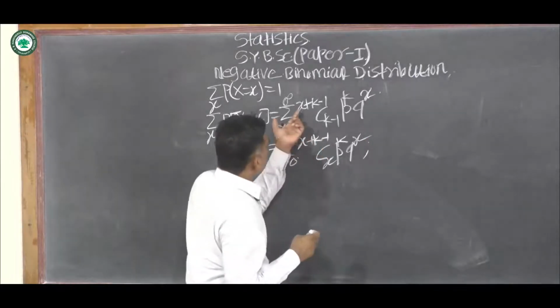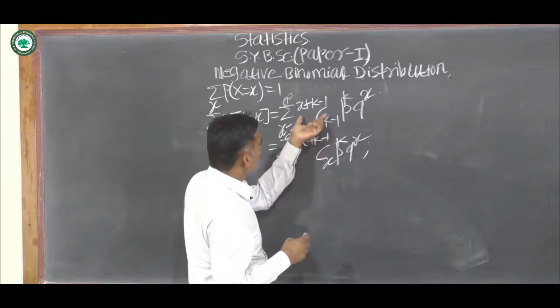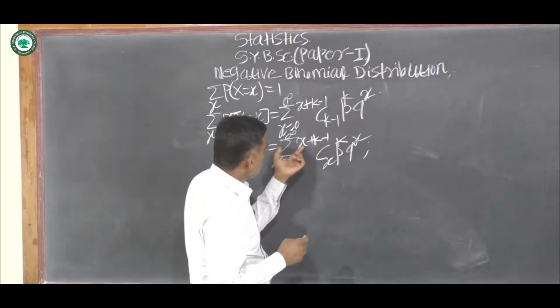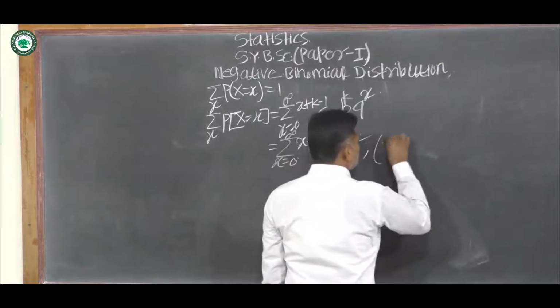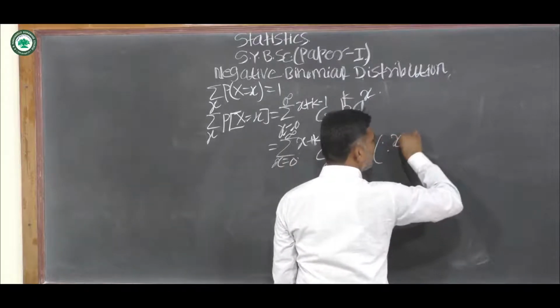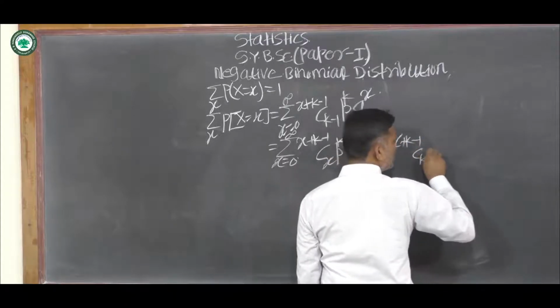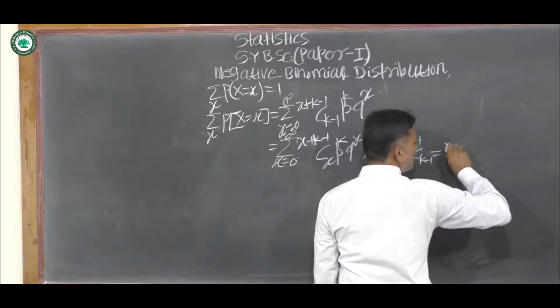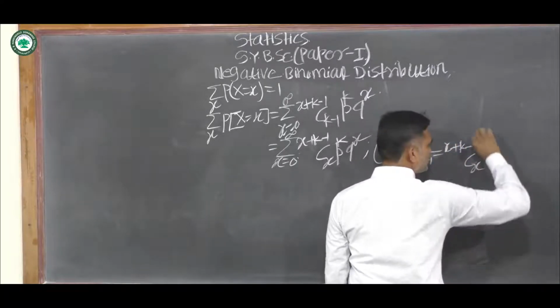Here x plus k minus 1 c k minus 1 is equal to x plus k minus 1 c x.